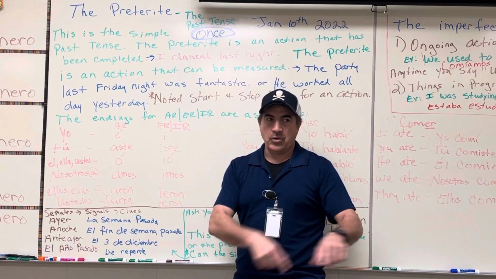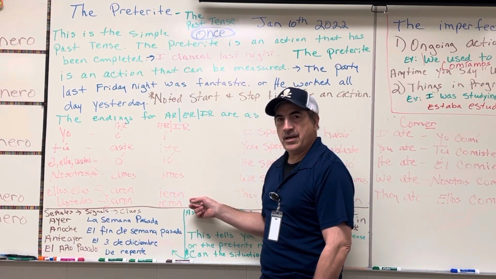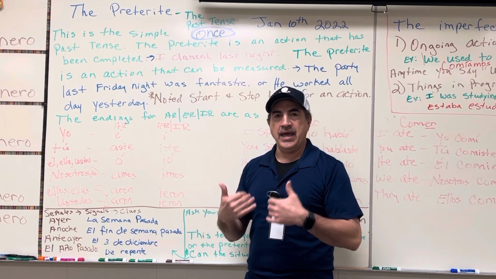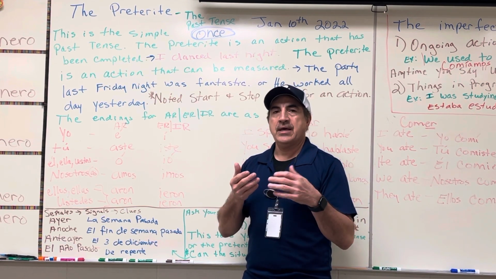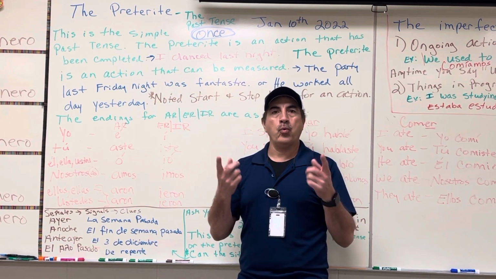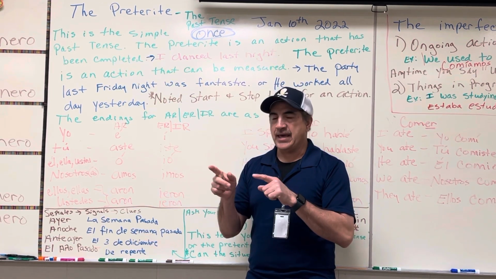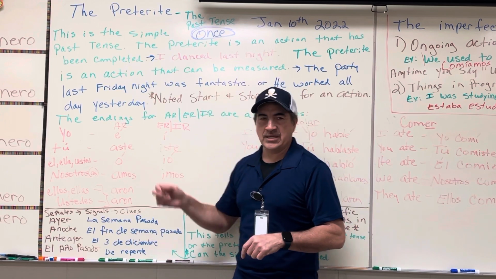And ellos, ellas, or ustedes comieron. That's I ate, you ate, he ate, she ate, you formal ate, we ate, and they ate or you all ate. So it's really easy. This is the simple past tense.